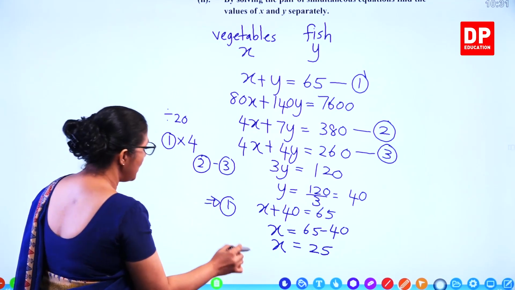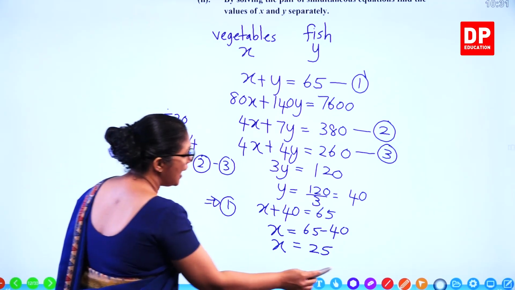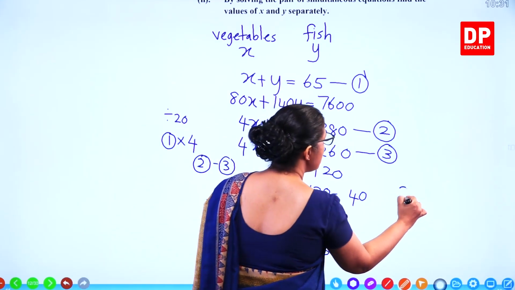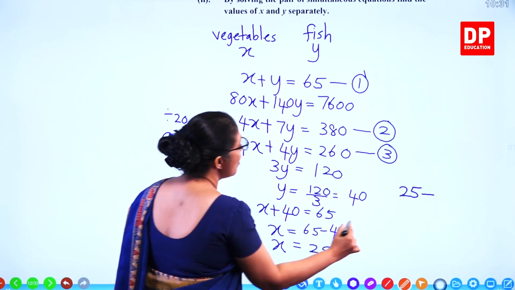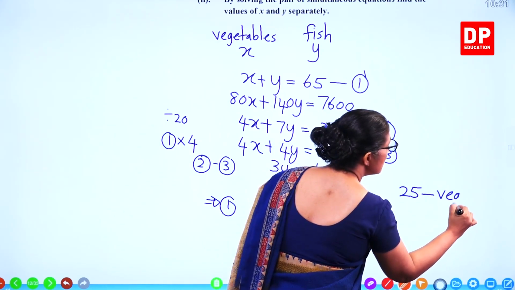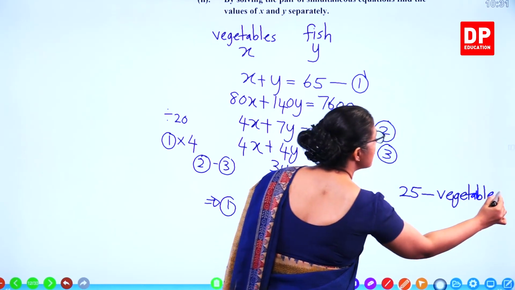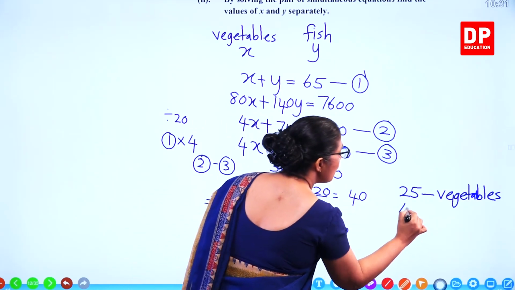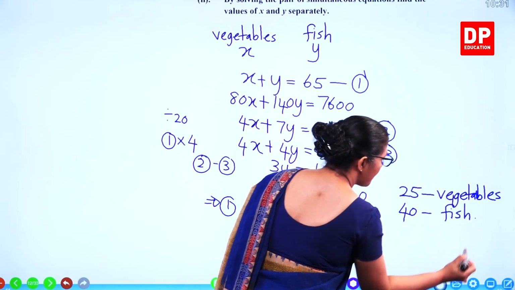So that's what we need to find out. So we'll write down again: 25 students bought, that's X, vegetable lunch packets, and Y is 40. 40 students bought fish lunch packets.